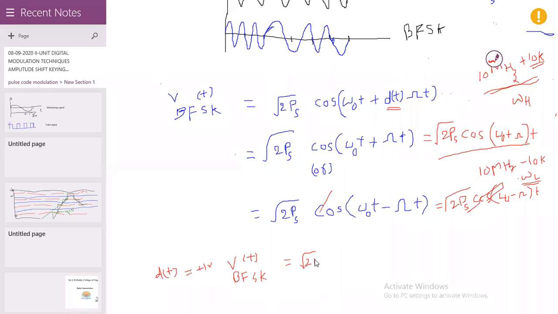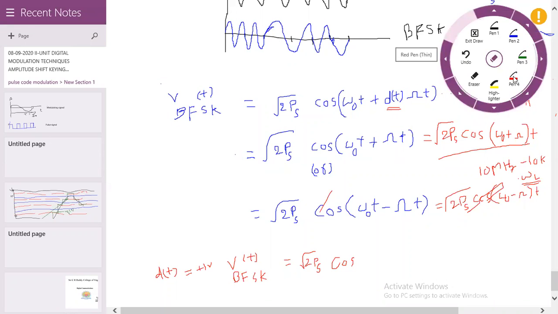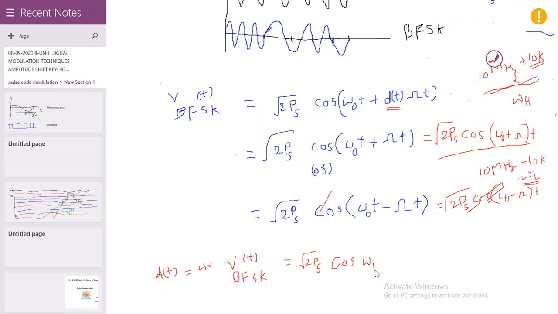Root of 2PS cos of omega Ht, and for minus 1 volt, d of t is minus 1 volt, this equation: root of 2PS cos of omega Lt, where omega H is nothing but omega naught plus omega, and omega L is omega naught minus omega.